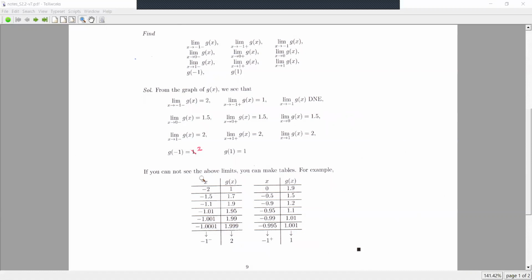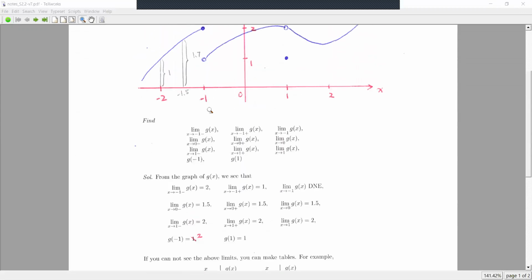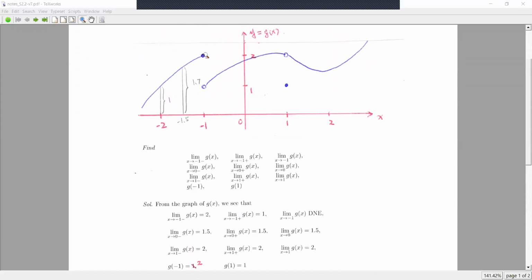So when x approaches -1 by taking on these points, the function value is approaching 2. So the conclusion is when x approaches -1 from the left, the function approaches 2. 2 is the height of this solid point.